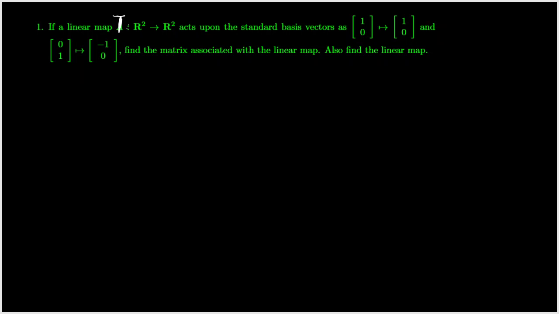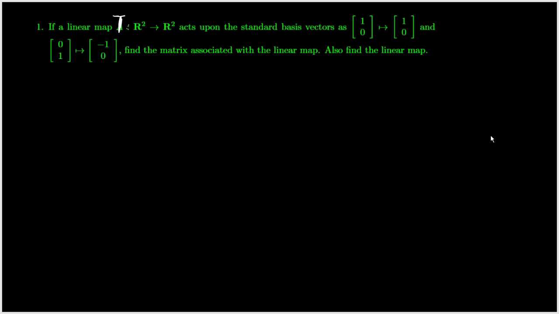You do not know T, but you know the outputs under T for the standard basis vectors. In R2 you have (1,0) and (0,1). These two are standard basis vectors, right? You do not know T, but you know the outputs of (1,0) and (0,1). Using the conclusion, we are going to see we can get the linear map. But before that, we get the matrix first.